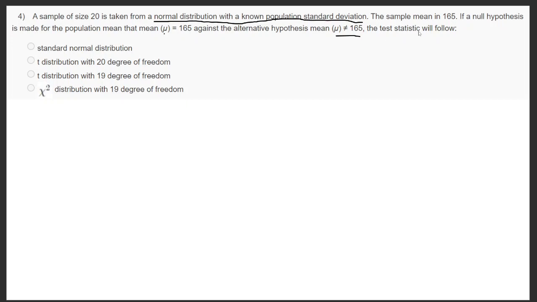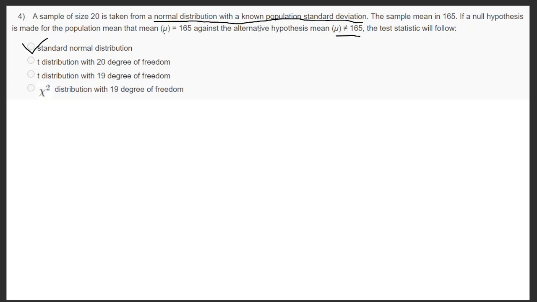Since the standard deviation of the population is already known, and the population was a normal distribution, this will come under the standard normal distribution. If the standard deviation is not known, it will come under the t distribution. The t distribution has a longer tail compared to the standard normal distribution, and it works with n minus 1 degrees of freedom, which means 20 minus 1, which is 19 degrees of freedom.